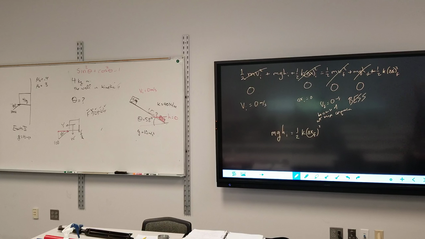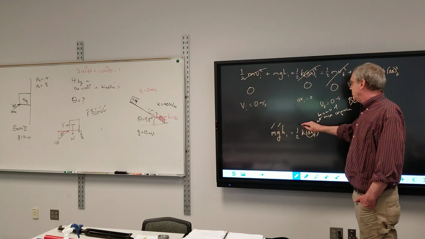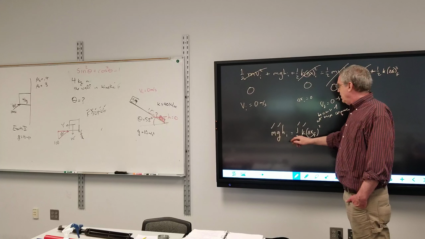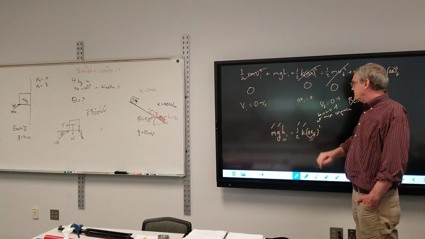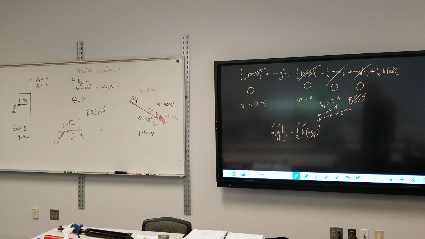All right, I promised a quadratic. Well, this is a quadratic, but we need to somehow relate... m is given, g is given, k is given, 1/2 is given. We have these 2 unknowns here that are not the same. So we need to somehow relate h initial and the amount it compresses.